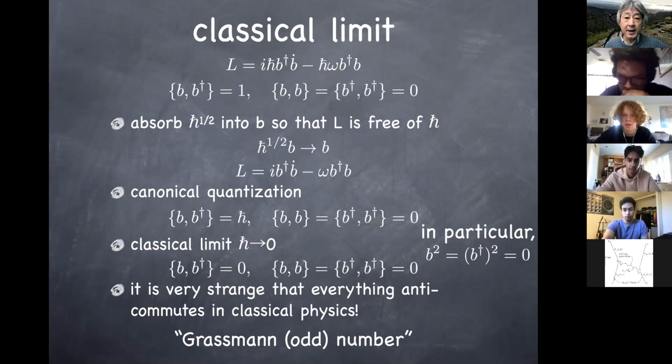Yeah, so one thing you might know, actually something you do know, is the cross product in vector calculus. If you have vector x and you have vector y, you can define x cross y. And if you interchange the order, y cross x is the same as negative x cross y. So that's another example of anti-commuting objects.